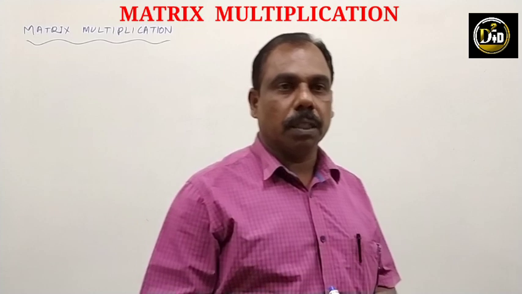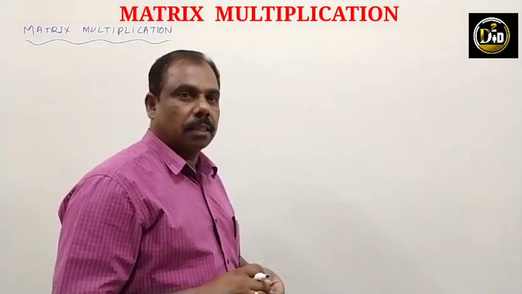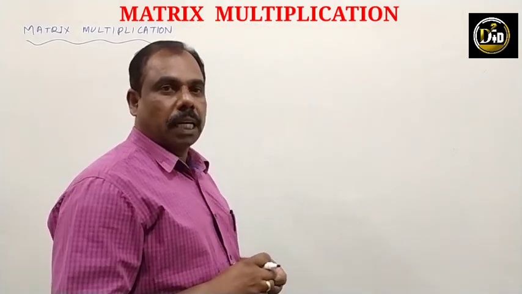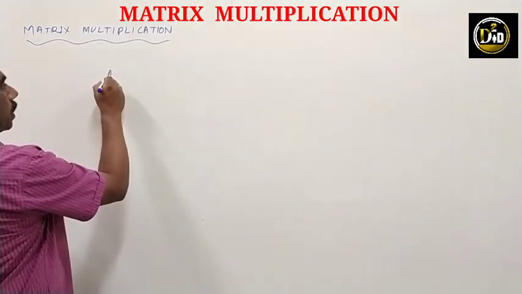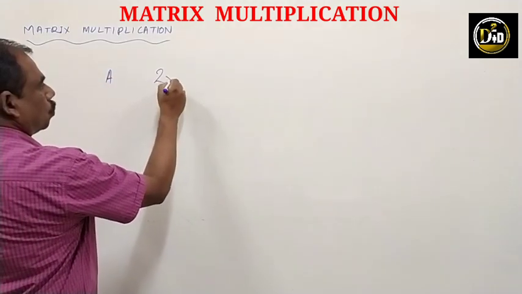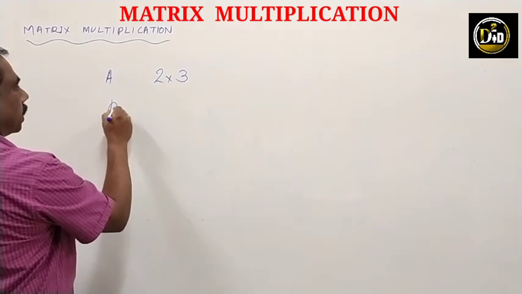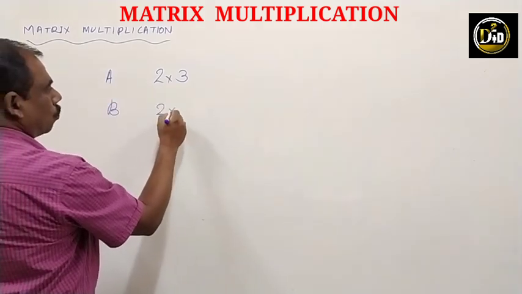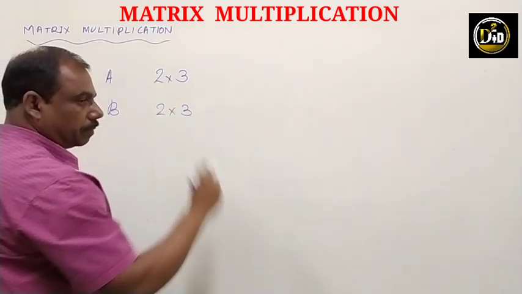Let us take an example of two matrices which are not square matrices but have the same order. A is a matrix of order, say, 2 by 3. Another matrix, say B, is also of order 2 by 3.